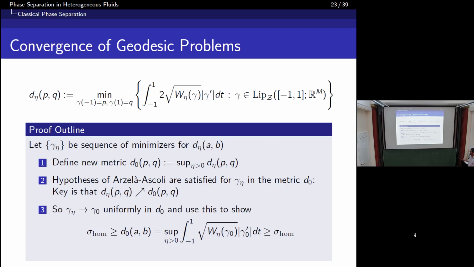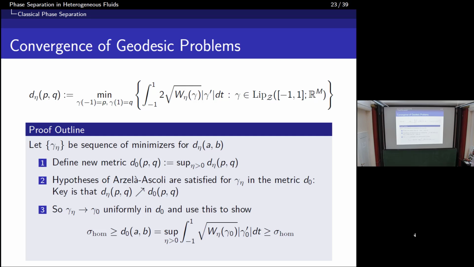And then once you have this, you always have this one for free. Since everything is bounded by W hom, you have this one for free. And then this one is the hard one to establish, but you basically use the fact that you have uniform convergence and the fact that there is a way to write this functional in terms of the length functional because it's a length space.